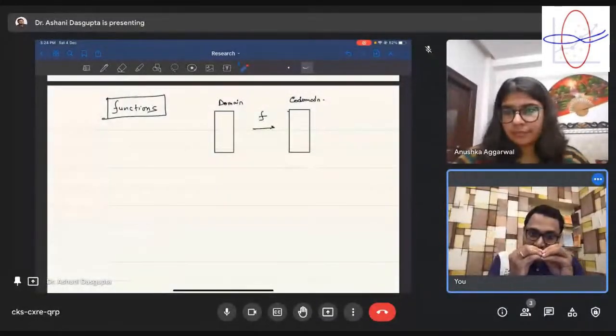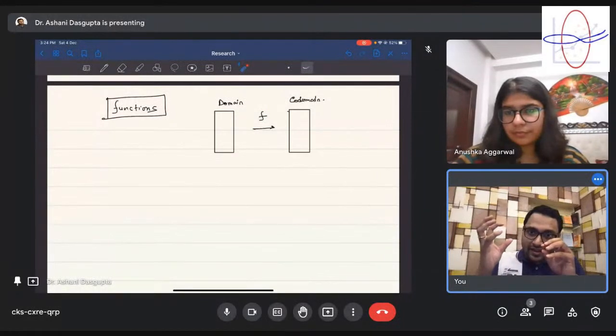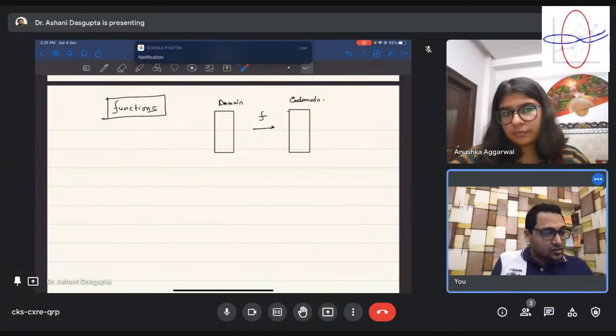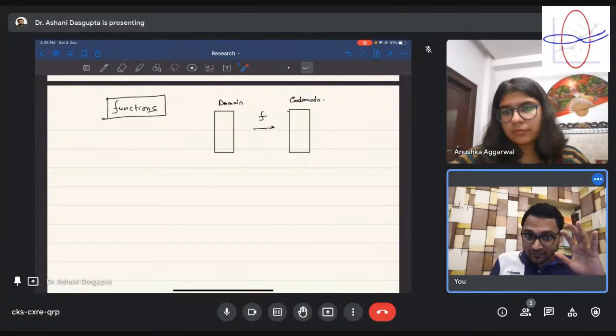The map takes the elements and they can be absorbed inside that one element in the right hand set. So that is one of the ways of thinking about functions.